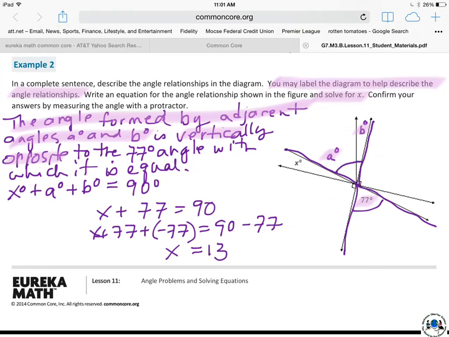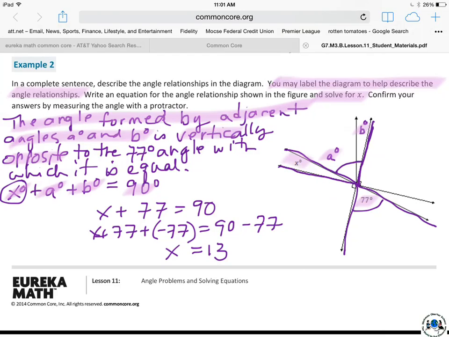I also know that x degrees plus a degrees plus b degrees equals 90, because that sits on a 90-degree angle right there.